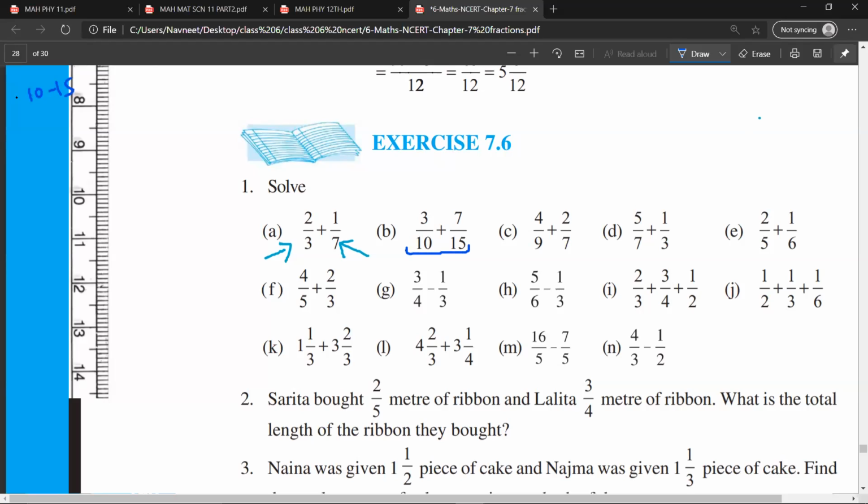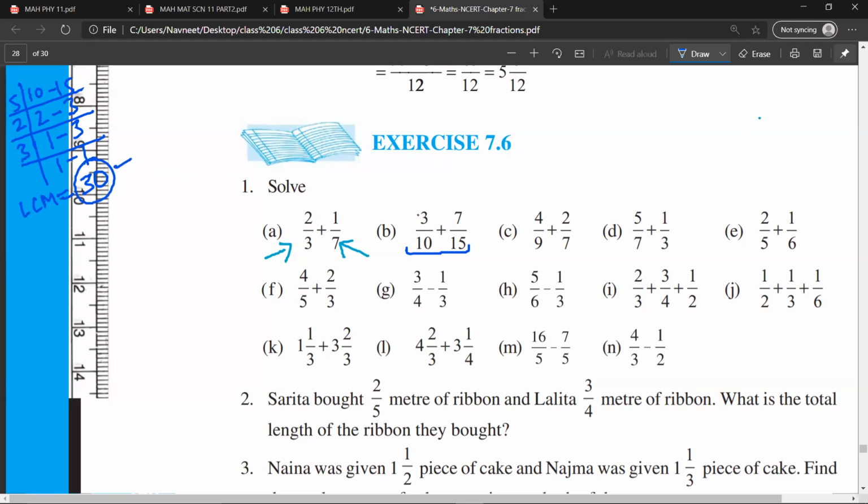Five. Sorry. 2 times 5 for 10, 5 times 3 for 15. I need one here. So I'll again do 2, 3, 3, 1. So my LCM would be 30. 30. Perfect.